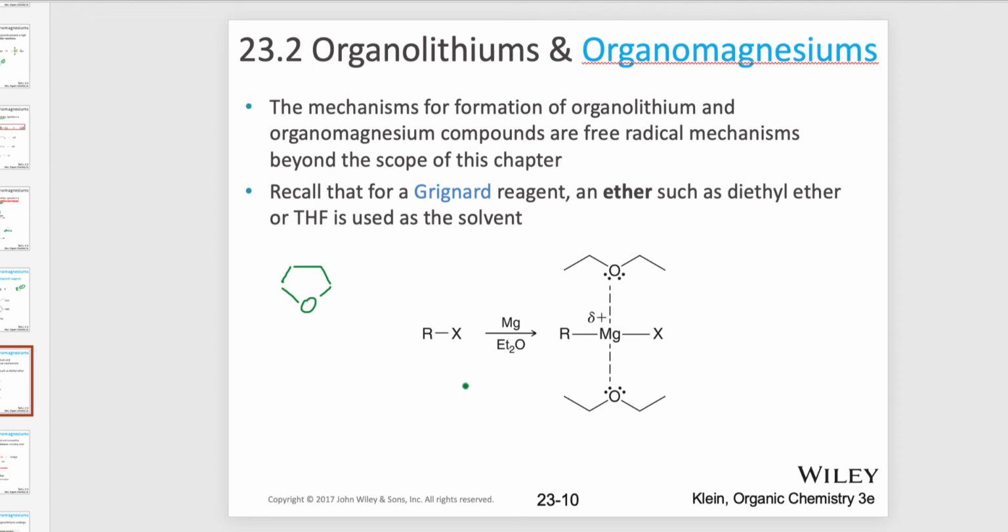So there's no protic source which would actually quench the organomagnesium compound, and here you see some chelation activity. This acts as a Lewis base. Two molecules can actually chelate the magnesium, which is delta positive, but ultimately we also have the delta negative here on the halide, and then the delta negative here. Thus we are looking at these as a source of R:⁻.